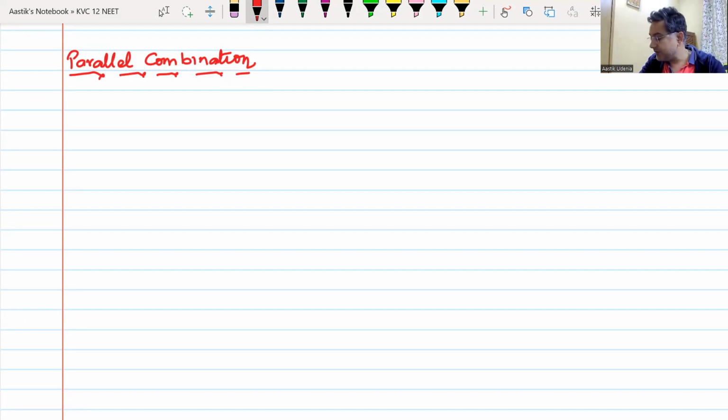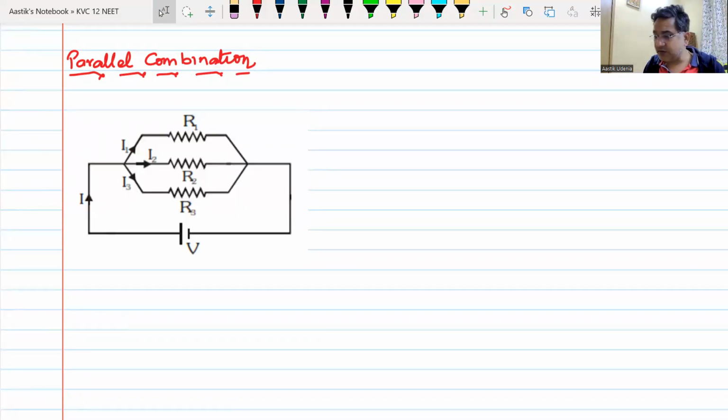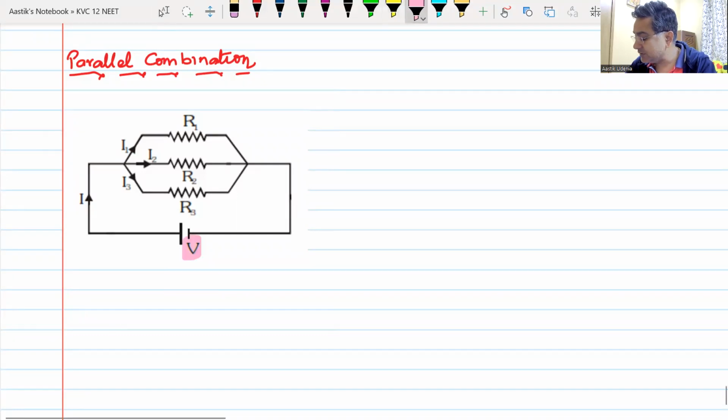This type of combination would be known as the parallel combination. As you can see over here, all the resistors have the same voltage drop V. Do we see this?